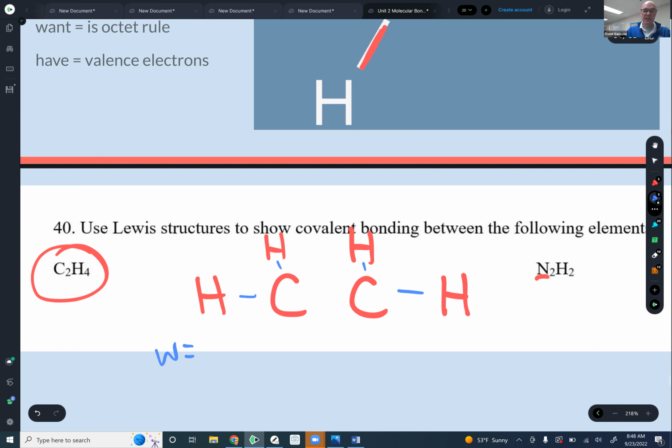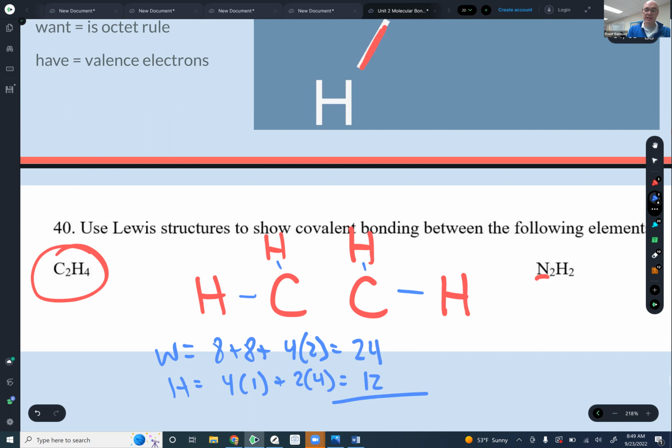So want, each of the carbons wants 8. Each of the hydrogens, they want 2. So that is a total of 24. The have, the hydrogens each have 1. The carbons each have 4. If I subtract, I get 12, divide by 2, and that tells me the number of bonds.